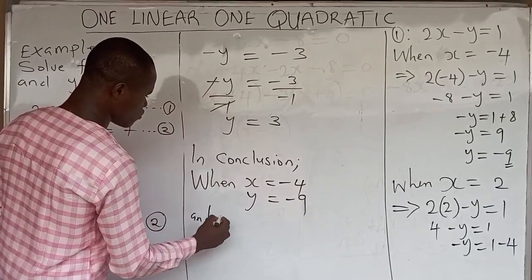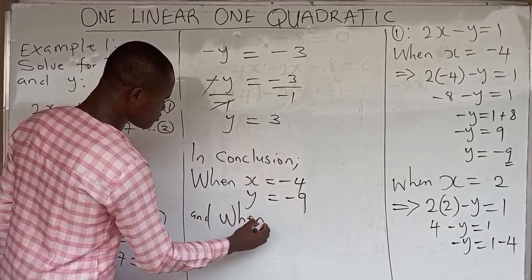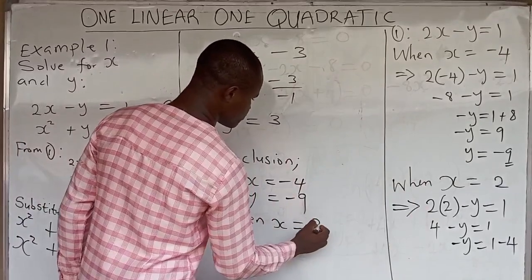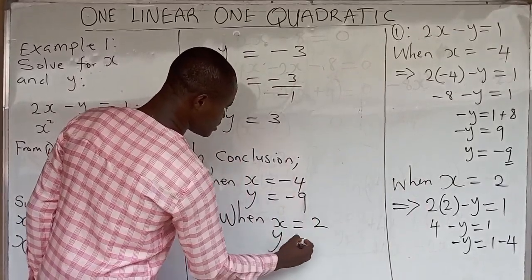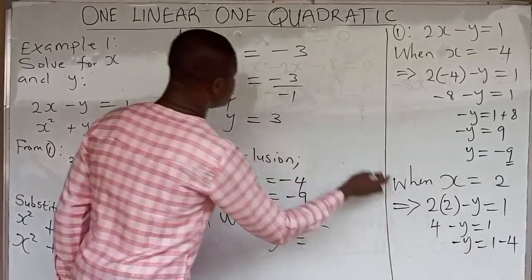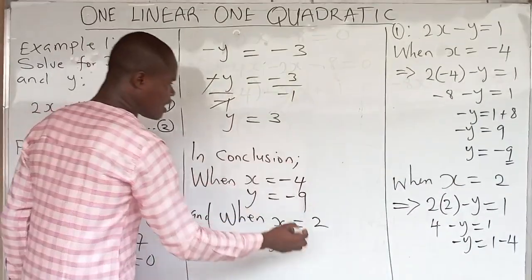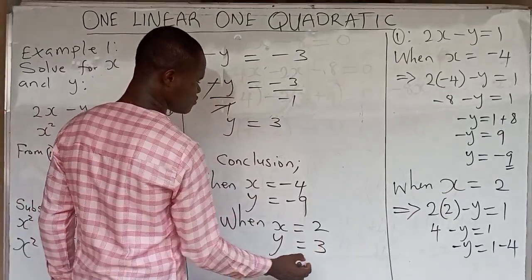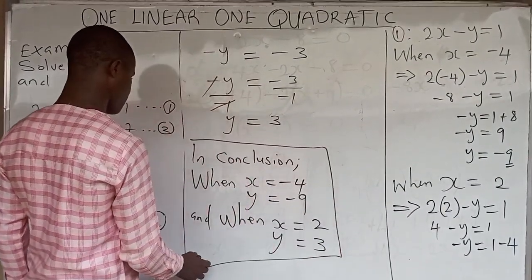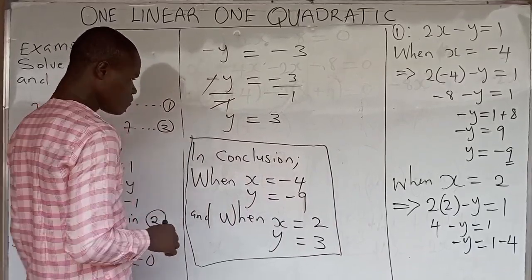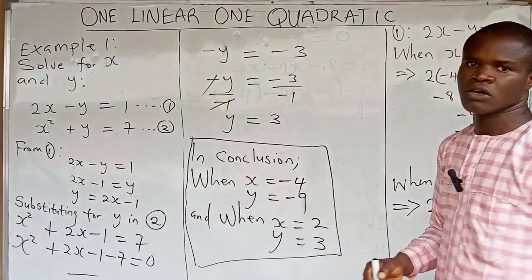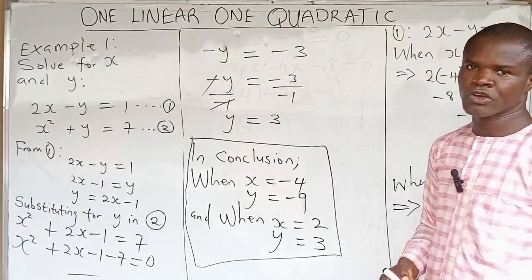And when x is equal to 2, y is equal to 3. We solved all this and realized that y is equal to 3. So this becomes our conclusion for the one linear, one quadratic simultaneous equation.